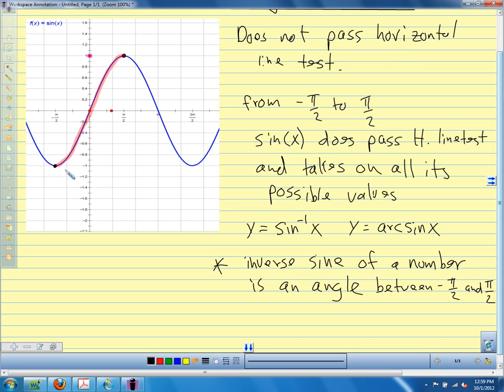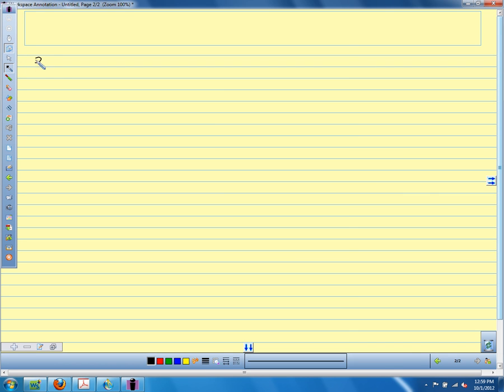So let's look at a couple of examples. We want to find the inverse sine of 1/2.